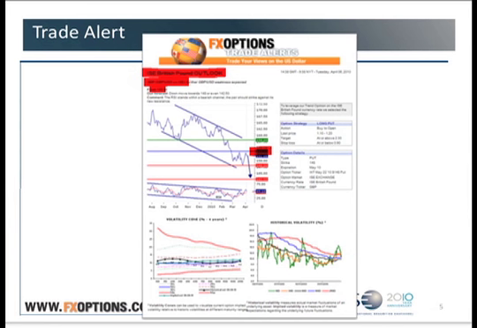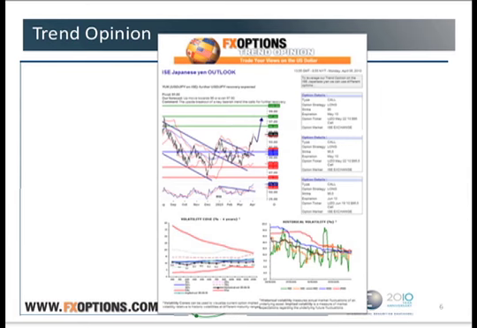In this case, a put with a strike at 148 and the maturity of the option. And here you have the trade opinion, which is nearly the same as the trade alert, but which is not recorded in our virtual portfolio.